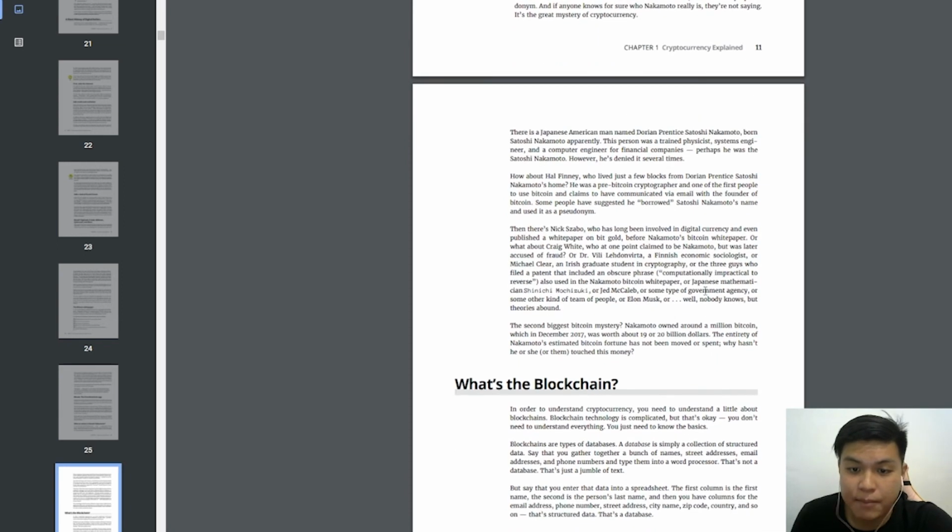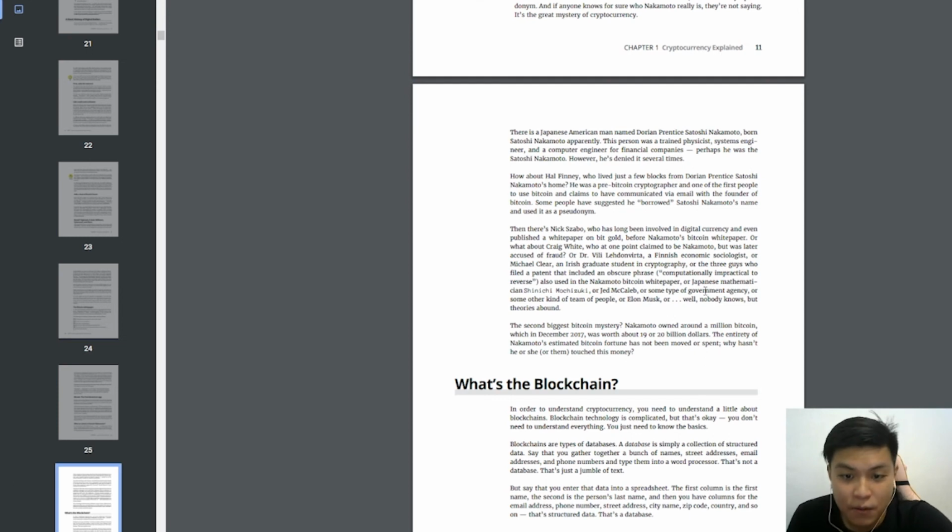Then there's Nick Szabo, who has long been involved in digital currency, and even published a white paper on BitGold before Nakamoto's Bitcoin white paper. Or what about Craig Wright, who at one point claimed to be Nakamoto but was later accused of fraud? Or Dr. Vili Lehdonvirta, a Finnish economic sociologist? Or Michael Clear, an Irish graduate student in cryptography?